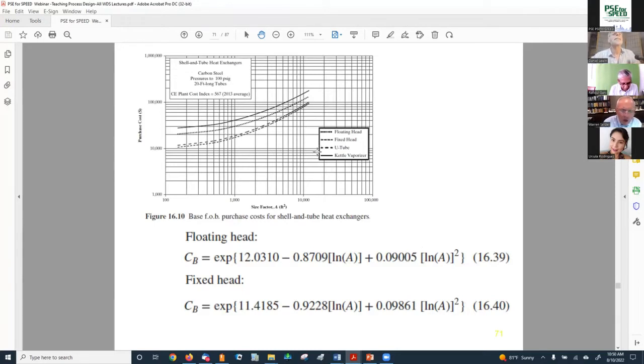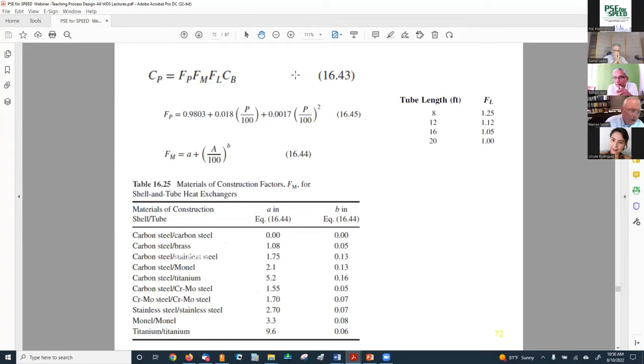You have different kinds of exchangers, and the curves then go like that. These are log curves. If you look at the base cost as a function of the area, the relationship is this for a floating head exchanger, fixed head exchanger. Once you have the base cost computed, then you want to make corrections.